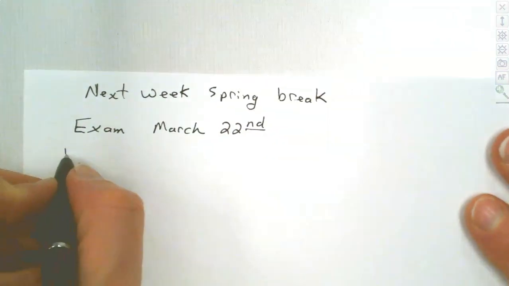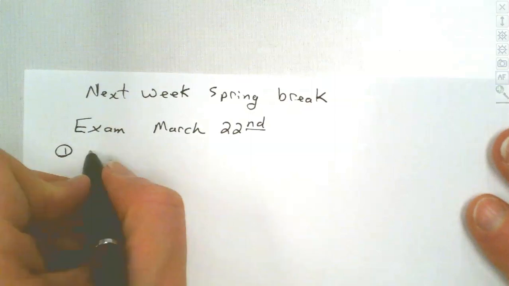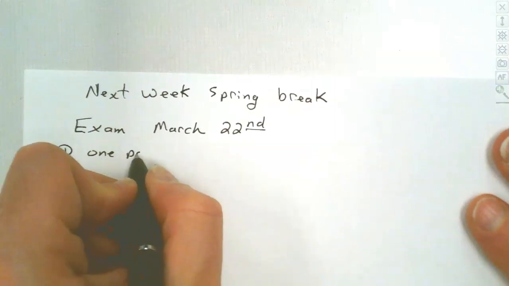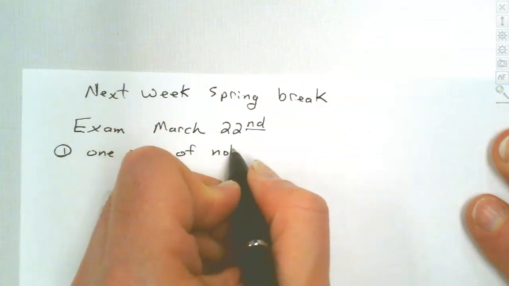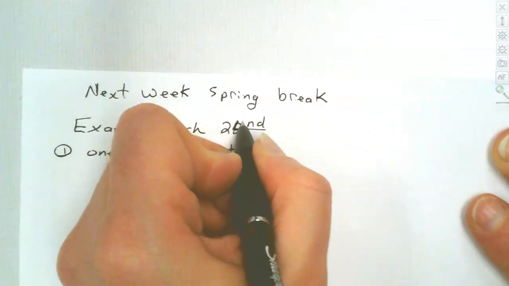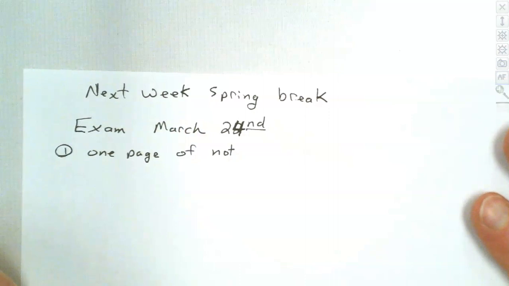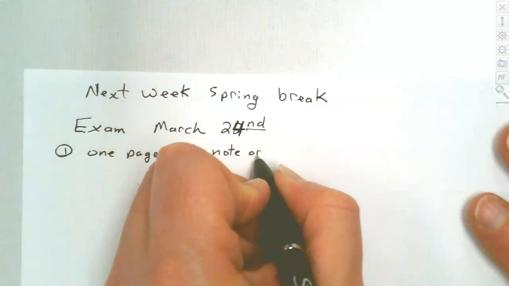And what can you have on that exam? You can have 1 page of notes or note cards. Oh, it was the 24th. Sorry about that. I was thinking it's 22nd for some reason. So it'll be the 24th. Okay, so you can have 1 page of notes or note cards.